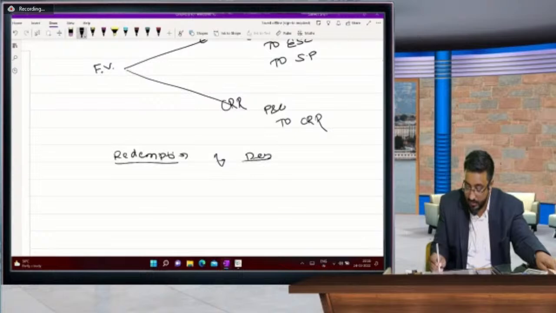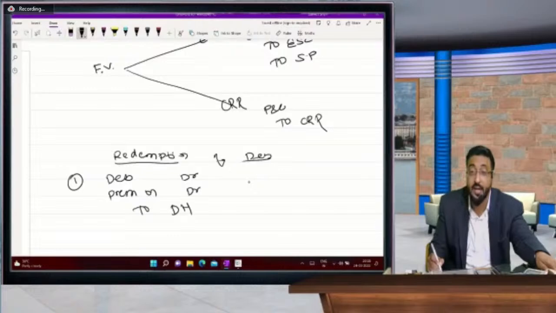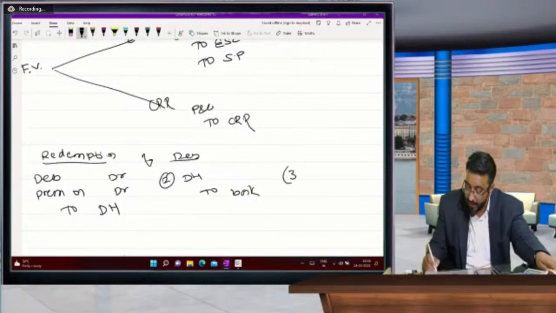Beta, same entries like preference shares. Debentures account debit. Premium on redemption account debit. Only instead of preference shareholders, debenture holders. Debenture holders to bank. And P&L account debit to premium on redemption.